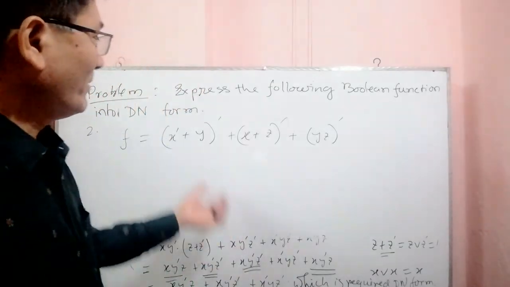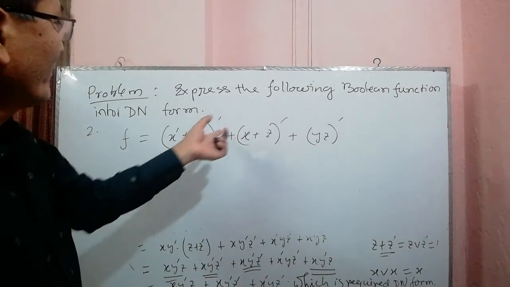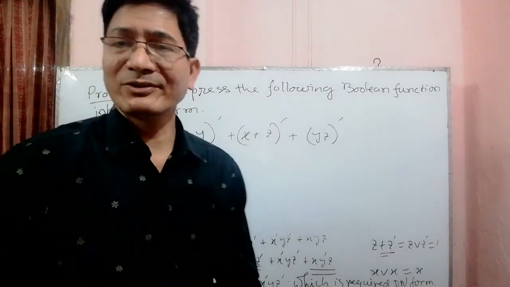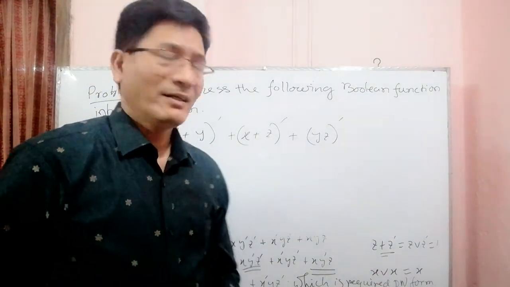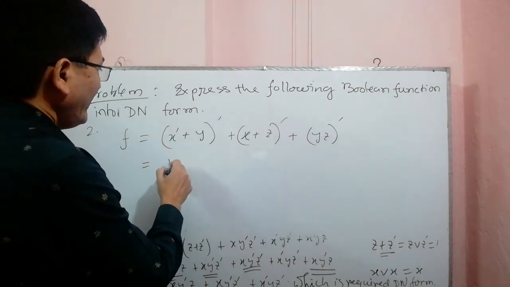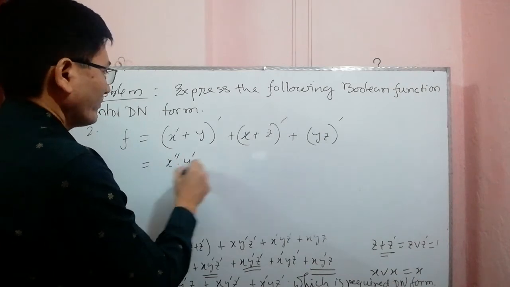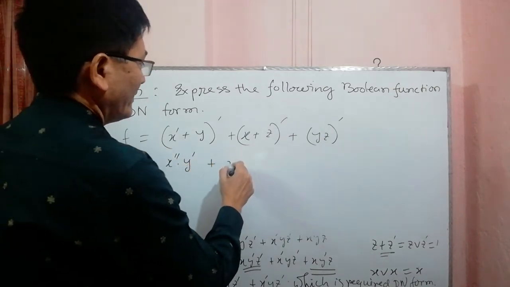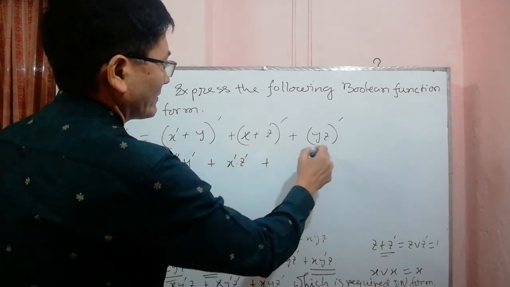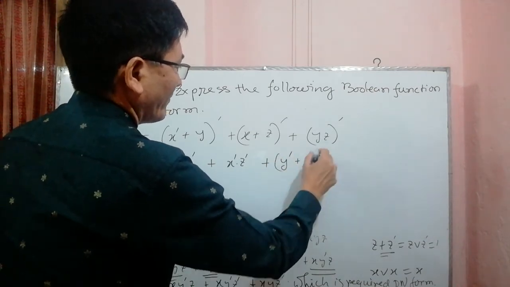However, as there exist many complements, first we will use De Morgan laws, and we are having x double prime into y prime plus x prime into z prime plus y prime plus z prime. Okay, dear students.